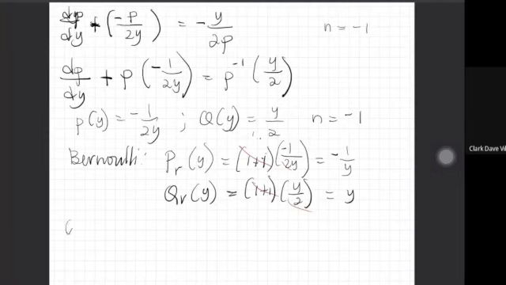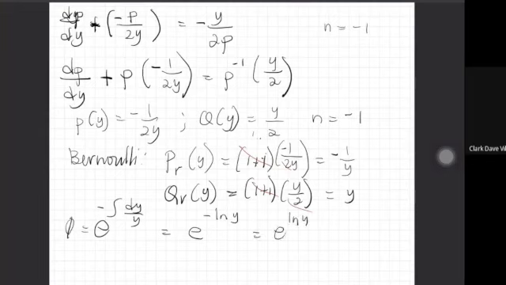Okay, we can now proceed to solving for our integrating factor, e to the integral of negative dy over y. So this is e to the negative ln of y, or that is simply equal to e to the ln of y to the negative 1, or 1 over y.